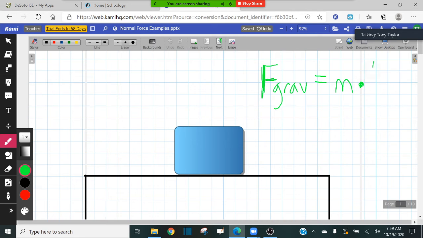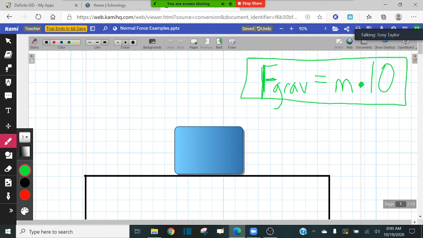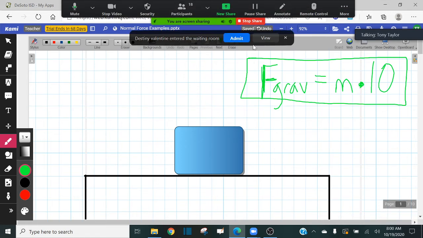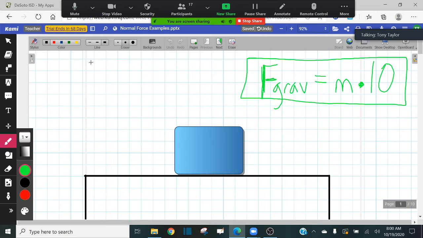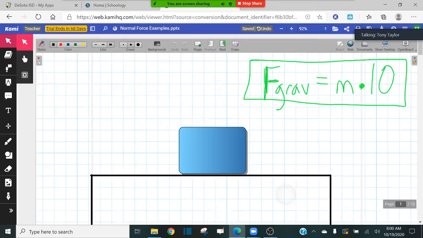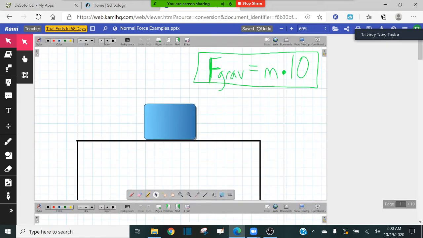So mass times 10 will be our equation for the force of gravity. Again, the actual value is 9.8, but for the sake of simplistic problems, we can round it off to 10.